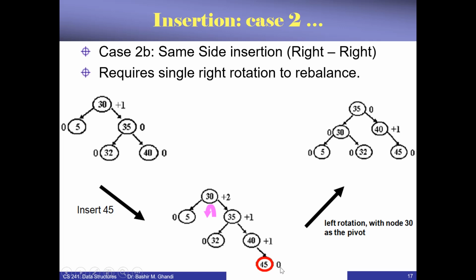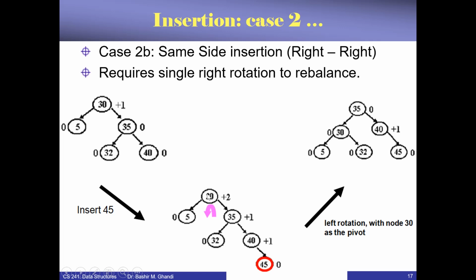First of all, check if the tree is unbalanced, starting from the bottom. 45 being a leaf has balance factor of 0, but 40 has a balance factor of 1, just 1 minus 0. 35 has a balance factor of 1, why? 1, 2 minus 1, so 1. But 30 has a balance factor of 2. Why? The right is 1, 2, 3, the left is 1. So 3 minus 1 is 2. So 30, the root, is in this case the deepest unbalanced node.